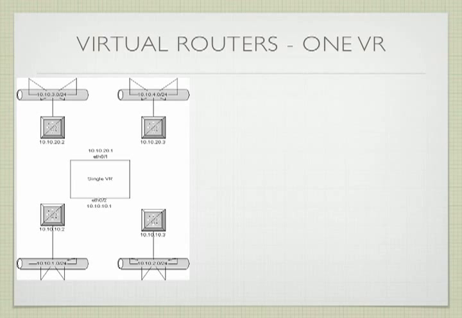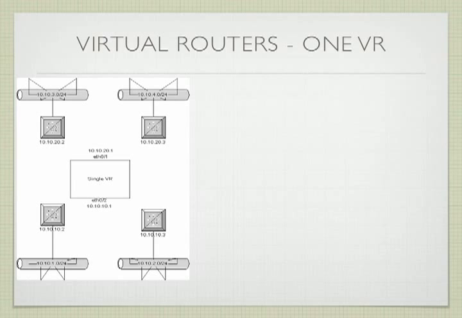Okay, so moving from the diagram over to ScreenOS itself, this is how a basic layer 3 network might look in a single virtual router operation on a ScreenOS. So in this diagram, we have a single VR, a single virtual router.